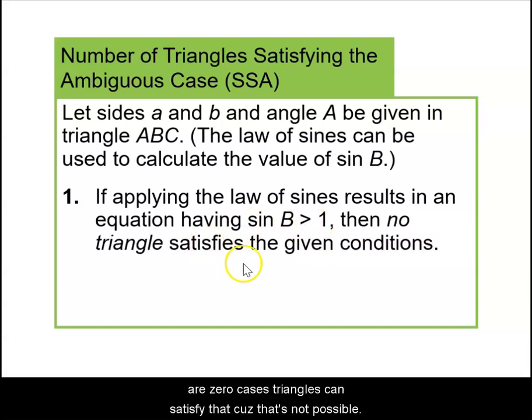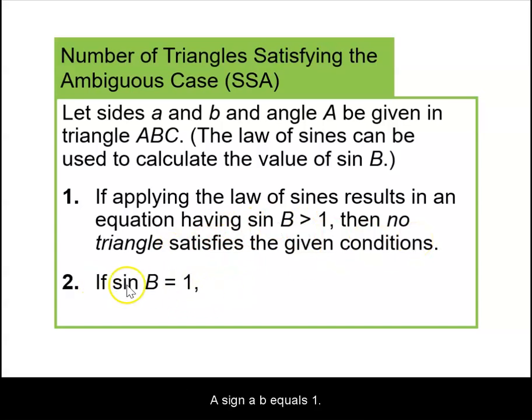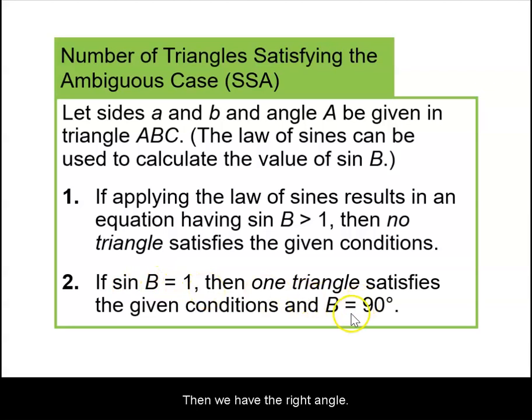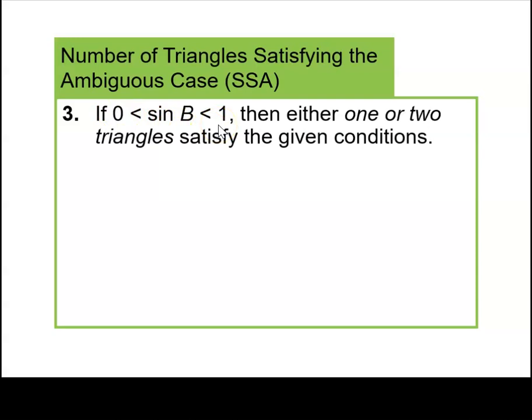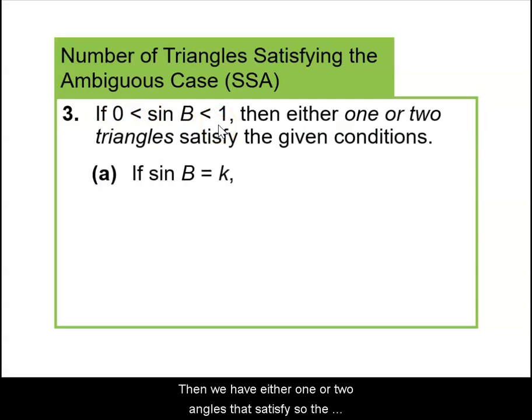Then no triangles can satisfy that, because that's not possible. If sine of B equals 1, then we have the right angle, and there's only a single solution. If sine of B is between 0 and 1, then we have either 1 or 2 triangles that satisfy the given condition.